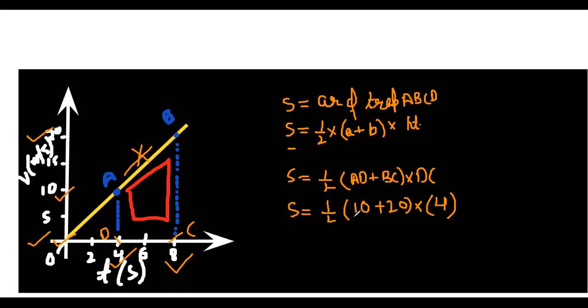Fine. So 2 ones are 2, 2 twos are 4. What we are left with is S equal to 10 plus 20, which is 30, multiplied by 2. So it is going to be 60 meter.